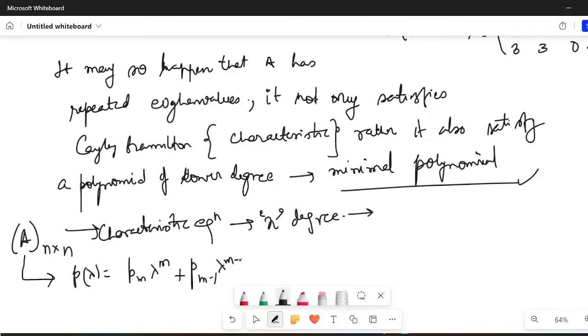I'll show you all these things with an example. Don't worry. And here the degree of m will be less than degree of n. I hope it is clear.